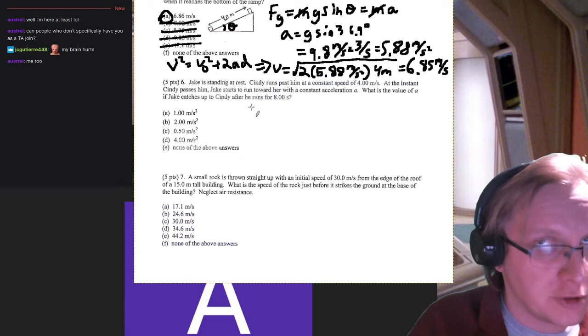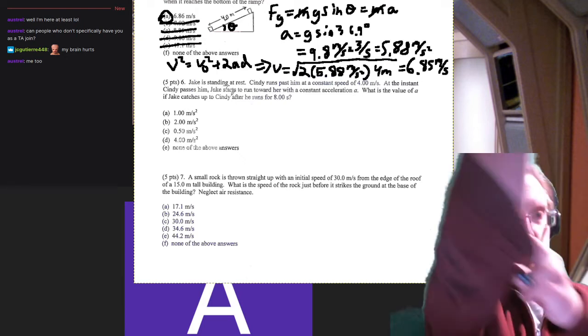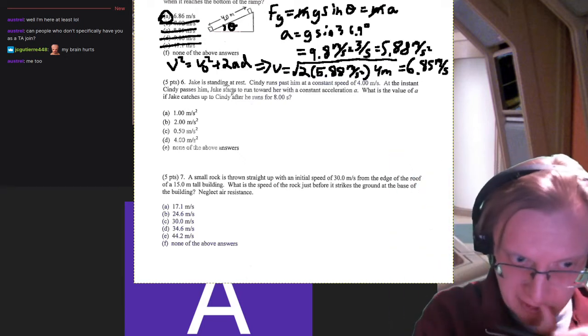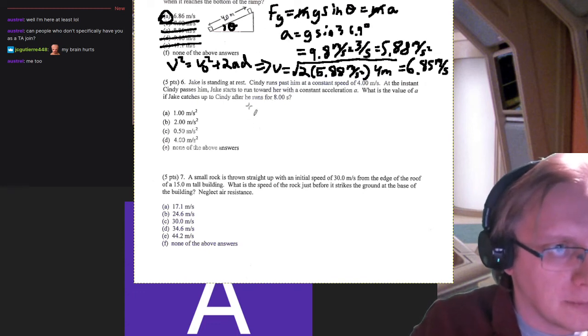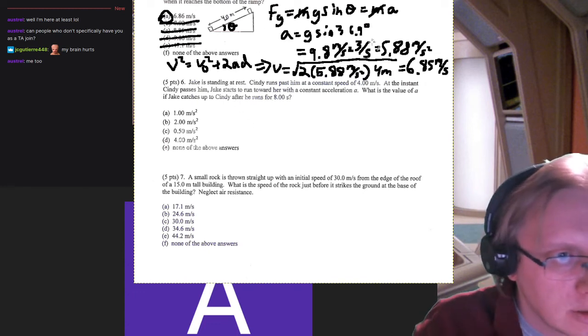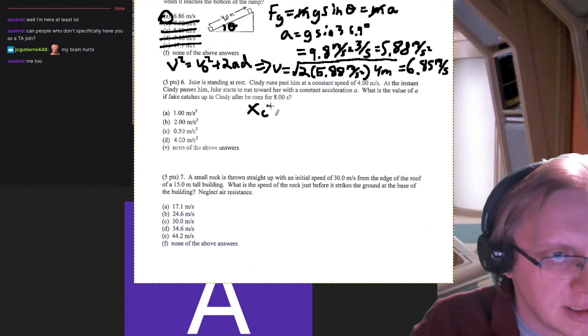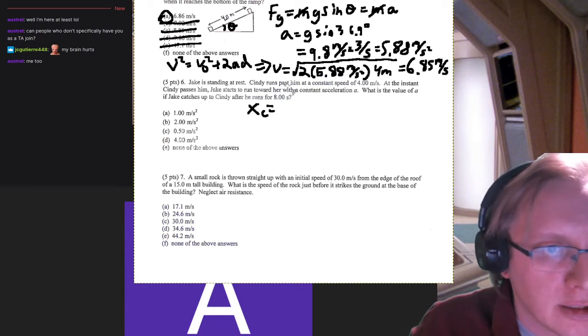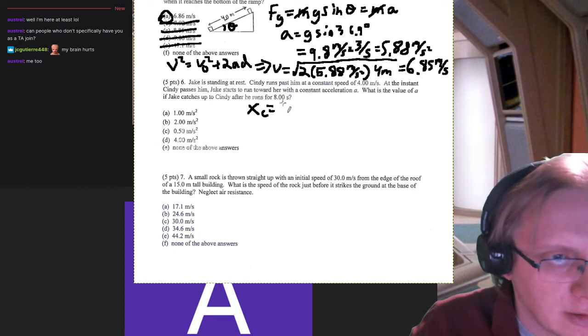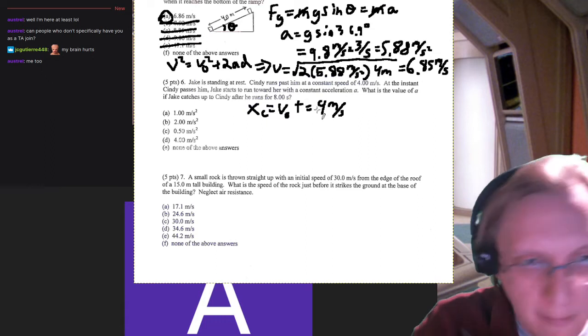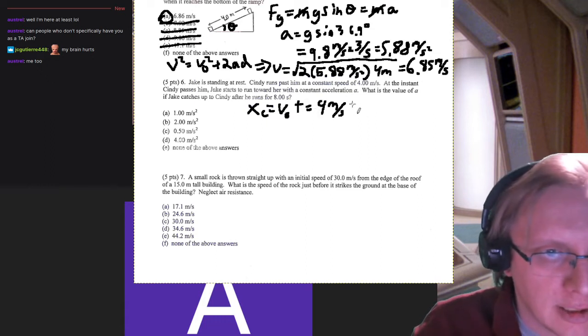So we actually have two position equations. We have xc is equal to, well, Cindy runs past at 4 meters per second, so we have v naught t, which is 4 meters per second times t.